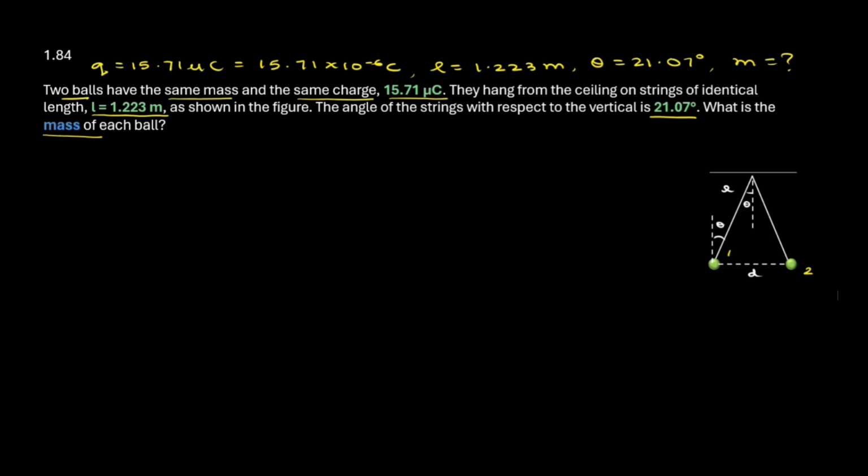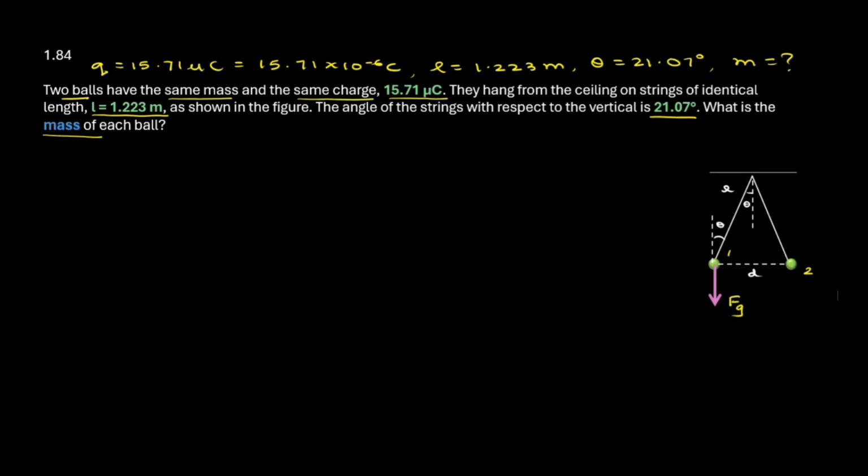To find the mass, we need to first identify the forces acting on these balls. Since they are identical, we can find the forces on one ball, and that is enough to calculate the mass m. So let us start by identifying all the forces acting on ball 1. The first force is the force due to gravity Fg, and this force always acts vertically down.